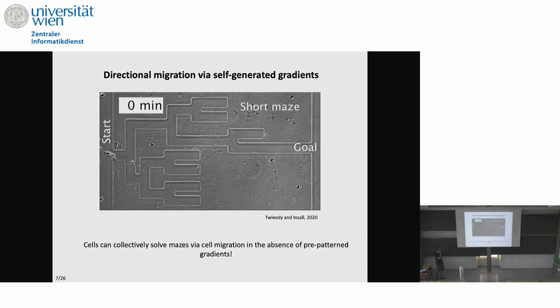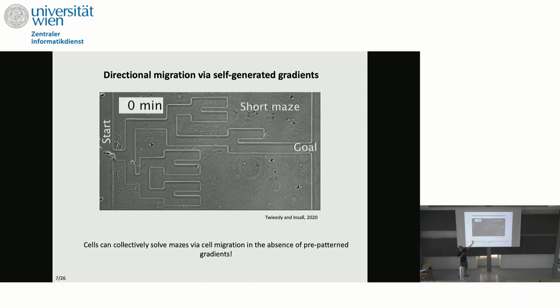And just the last example of this, because it's a beautiful paper, before going on the blackboard, is a paper that drew quite a lot of attention by Rob Insall a few years ago. Essentially what they took is cancer cells, and they showed that these cancer cells could solve mazes. The idea is that it's a maze made of 2D microfluidics, and then you flush it with chemoattractant, but the chemoattractant is uniform.